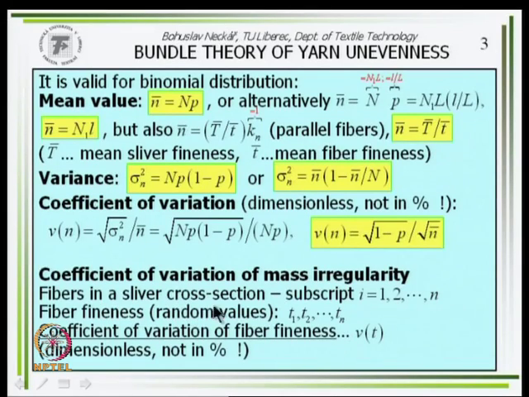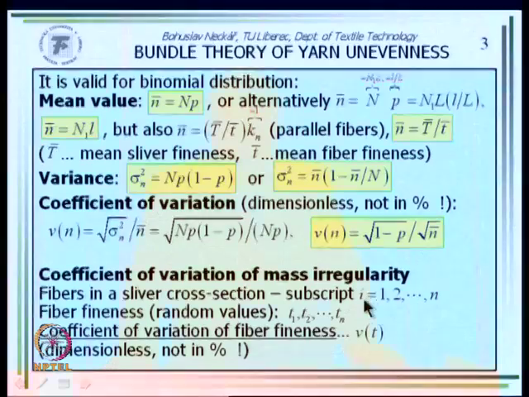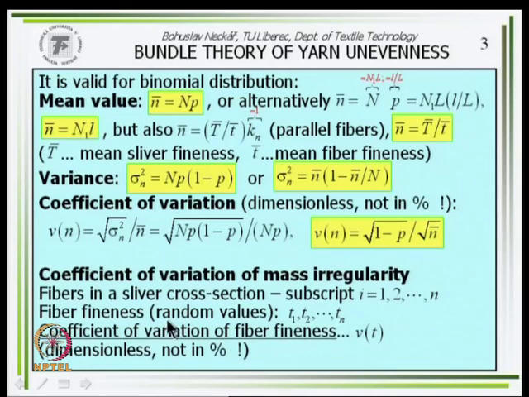In a sliver cross section there are small n fibers. Let's have some subscript for each fiber, i is 1, 2, 3, and so on to n. Fiber fineness is now t1, t2, t3 to tn in our section of sliver.